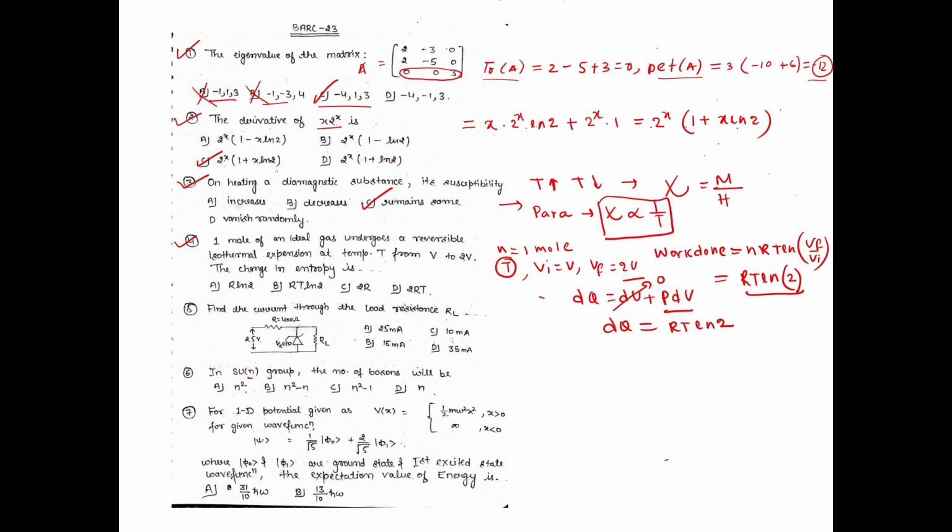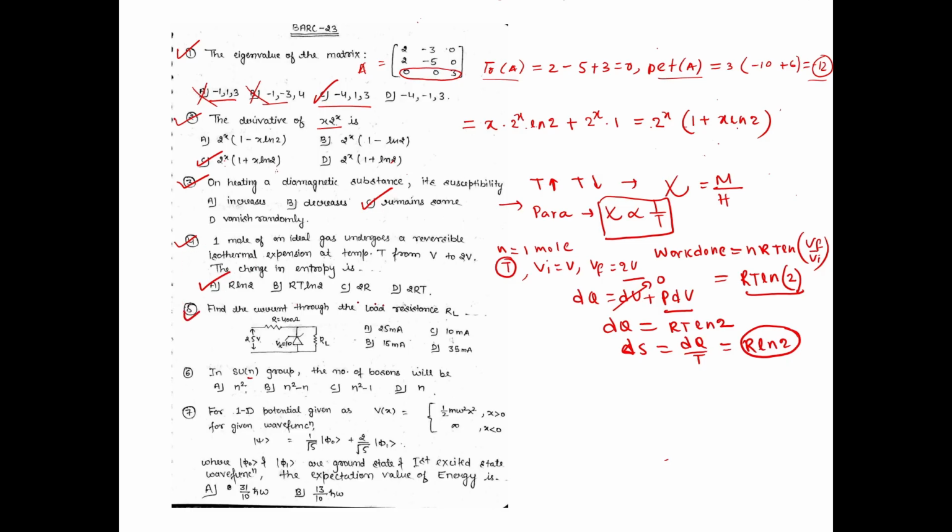Now the change in entropy, ds, is nothing but dq by T. So what will be dq by T? That is R ln 2. So the answer will be option A.